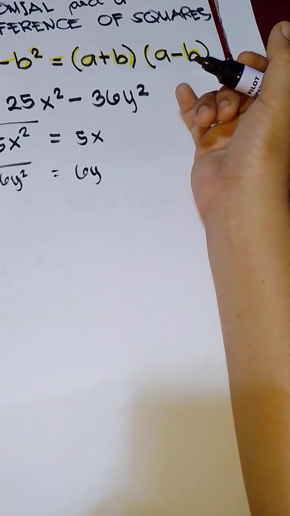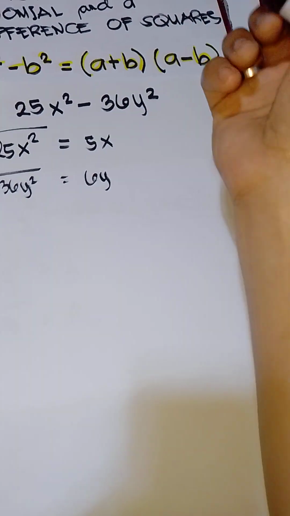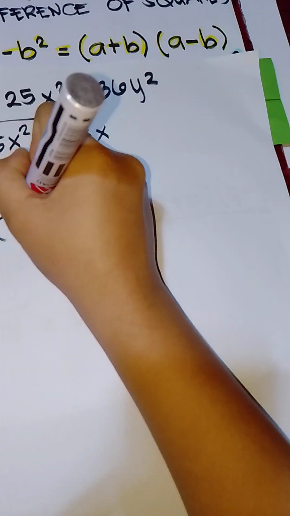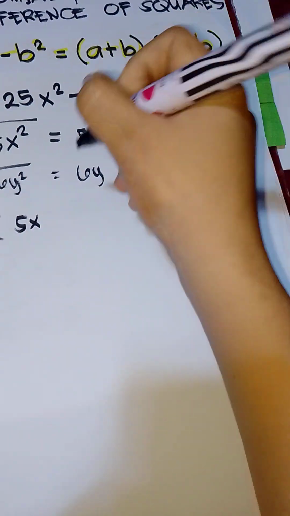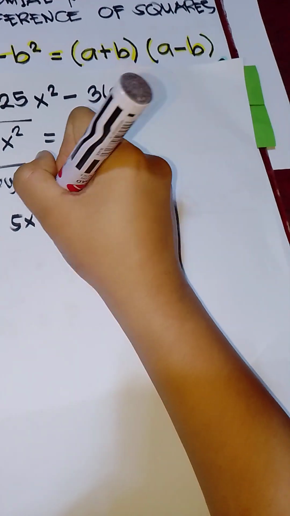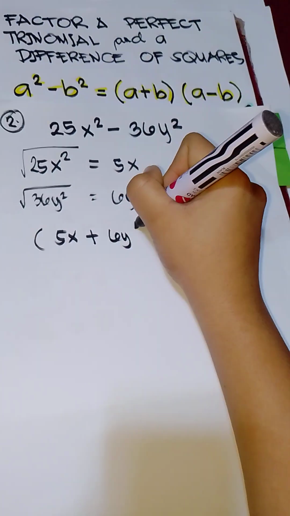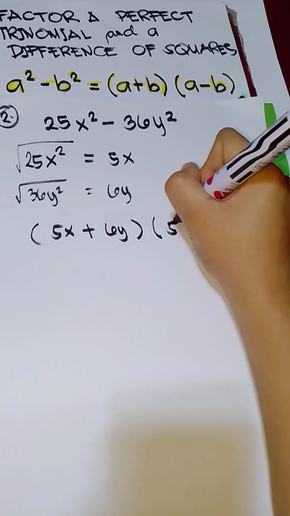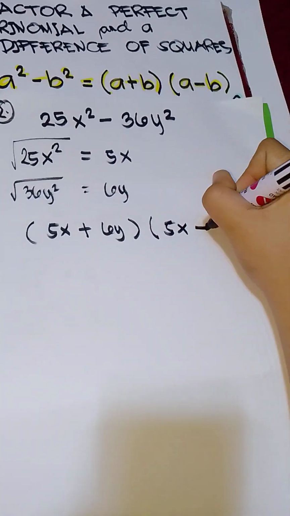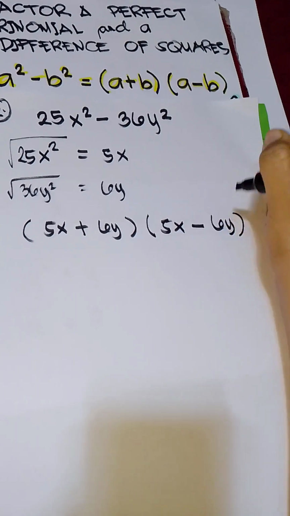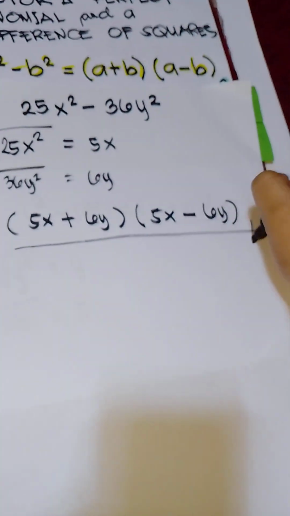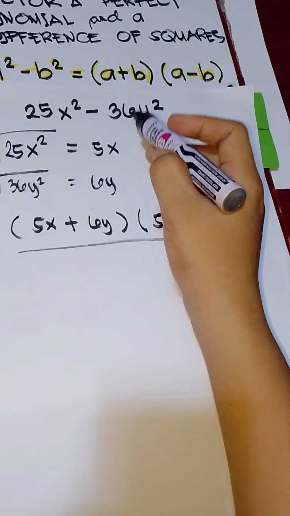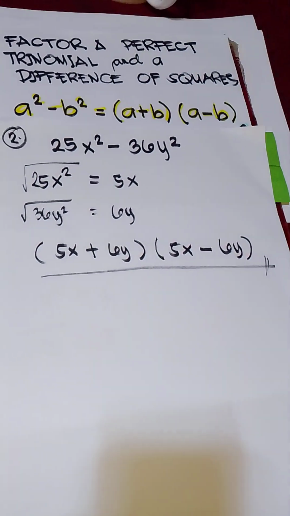Therefore, our answer is 5x plus 6y and 5x minus 6y. So these are the factors of 25x squared minus 36y squared.